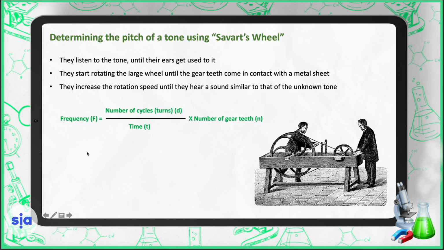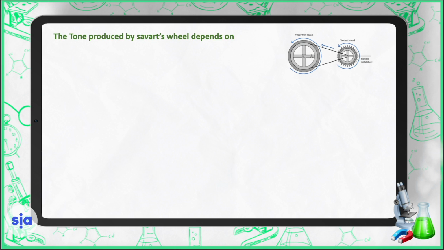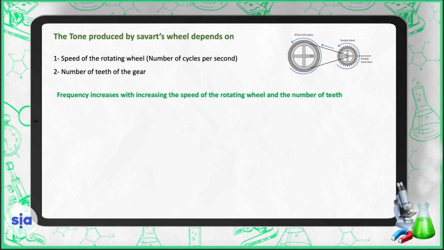They calculate frequency by dividing the number of cycles or turns by the time taken, multiplied by the number of gear teeth. The tone produced by Savart's wheel depends on the speed of the rotating wheel, the number of cycles per second, and the number of teeth of the gear. Frequency increases with increasing the speed of the rotating wheel and also the number of teeth.